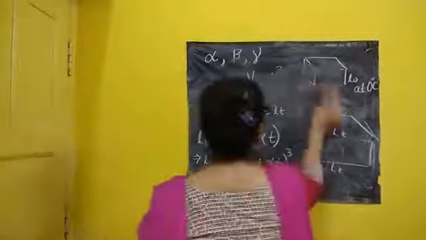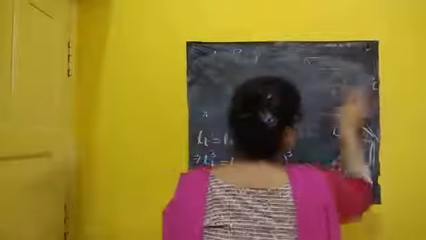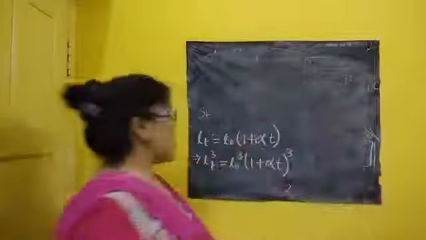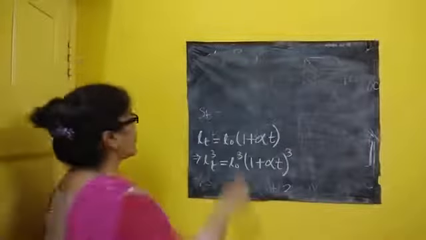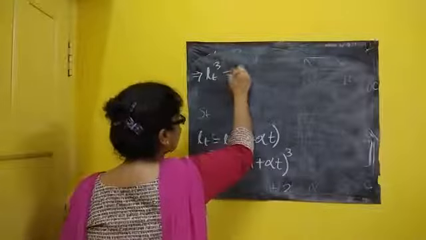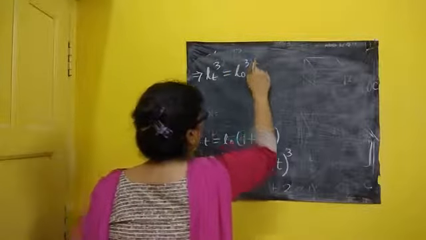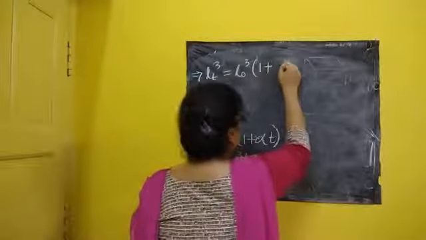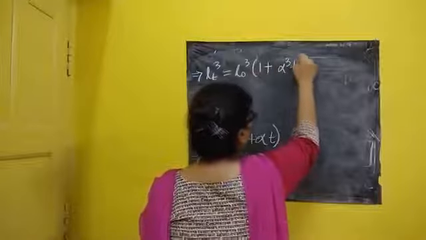Clear? Now using the a plus b whole cube formula, Lt cube equals L0 cube into 1 plus 3 alpha t plus 3 alpha square t square plus alpha cube t cube.